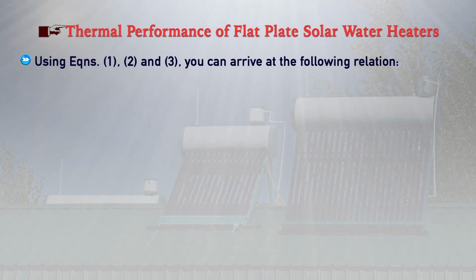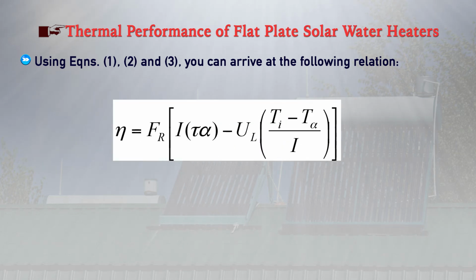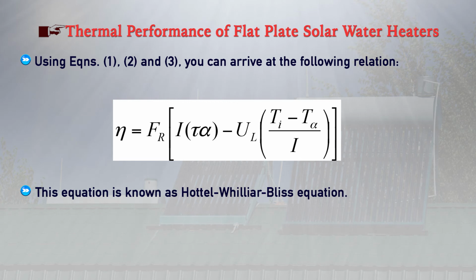Using equations number 1, 2 and 3, you can arrive at the following relation: eta is equal to F_R multiplied by [I tau alpha minus U_L multiplied by (Ti minus Ta)] upon I. So here you can see this equation number 4, which is known as the Hottel-Whillier-Bliss equation.